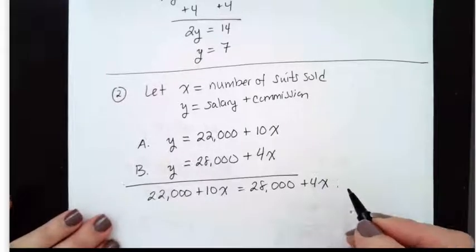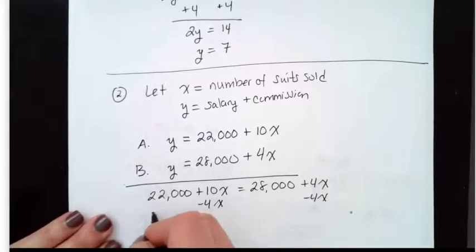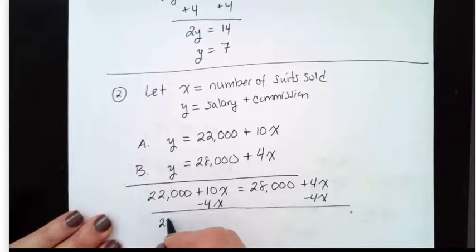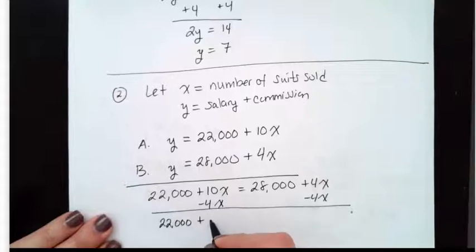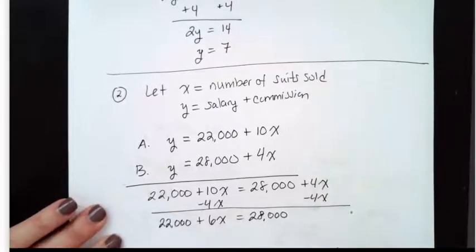So I will subtract 4x from both sides. 22,000 plus 6x equals 28,000. And then I will subtract 22,000 from both sides, and just to give me a little space, I'll do that mentally.